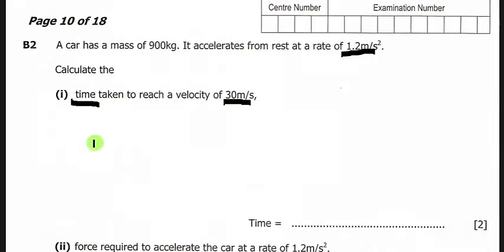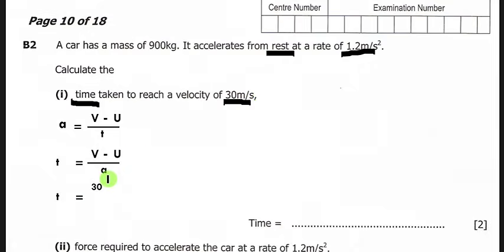So we'll use the formula which connects these three. Acceleration is equal to final velocity minus initial velocity over time. They want time, so make time the subject of the formula: time is equal to final velocity minus initial velocity over acceleration. Final velocity is 30 minus initial.